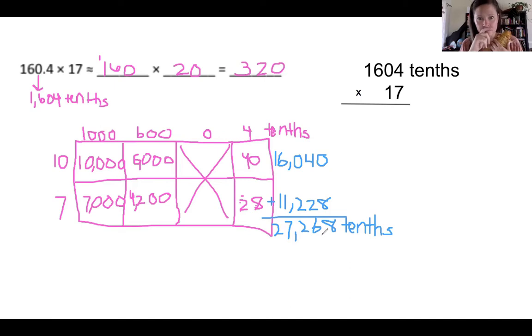Okay, so let's go ahead and place our decimal. If we're going to take 27,268 tenths and put everything back in its place, I'm going to have to erase this comma because I should have a decimal here.